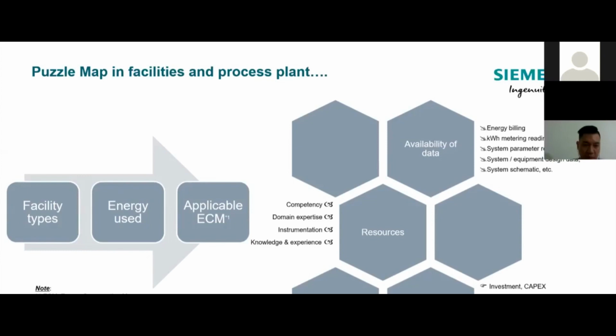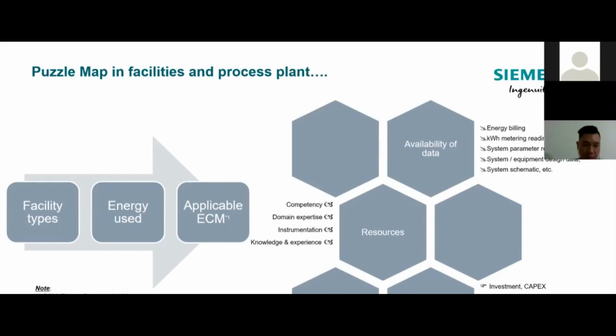Within the whole premises, in order to carry out any energy study or improvement work, there is certain information that we need to acquire before we can take the next step. In the first part, we talk about the availability of data.